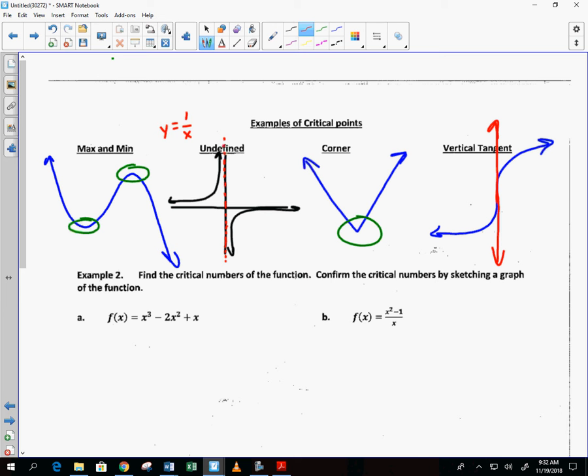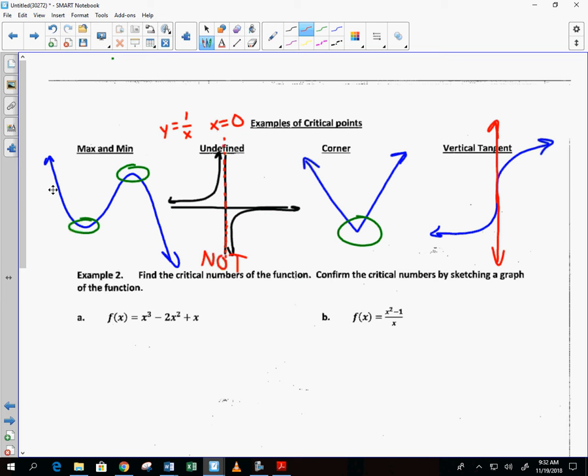Would you agree that the function y equals 1 over x is discontinuous at x equals 0? Would you agree that if I took the derivative at that spot, that the derivative does not exist as well? So this is technically not a critical point. And the reason why is because 0 isn't even part of the original domain.